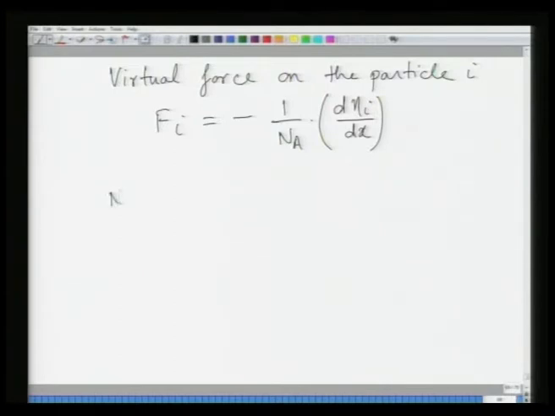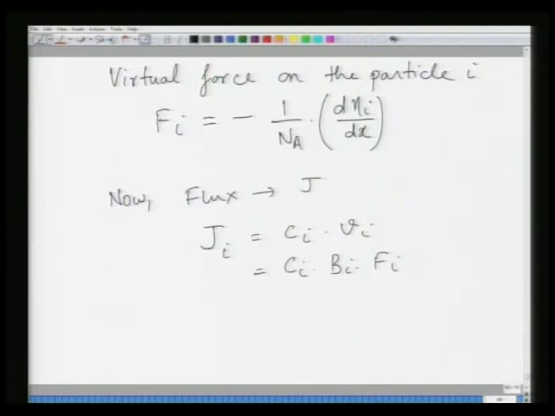Now, how do we get the flux? Flux is J. If I write flux J I as C I into V I, it is a product of concentration per unit volume multiplied by the velocity, and since we know how velocity is related to force, V I is B I into F I, which is mobility into force.